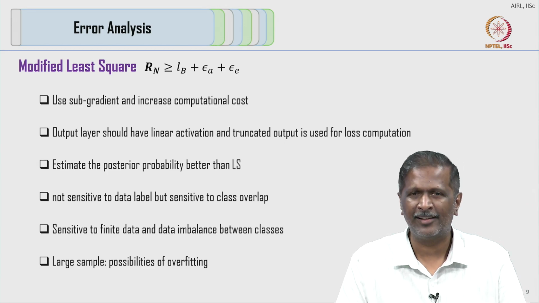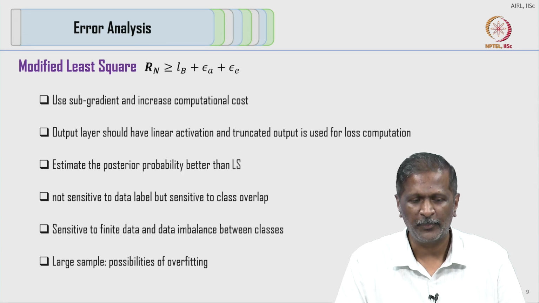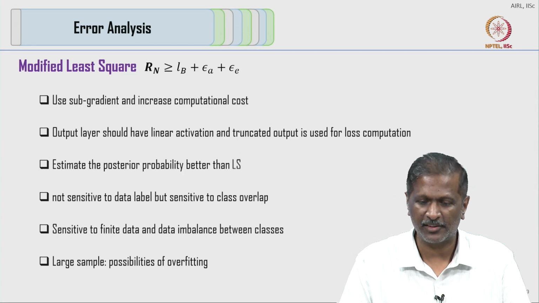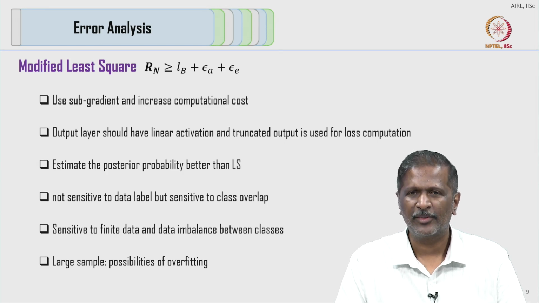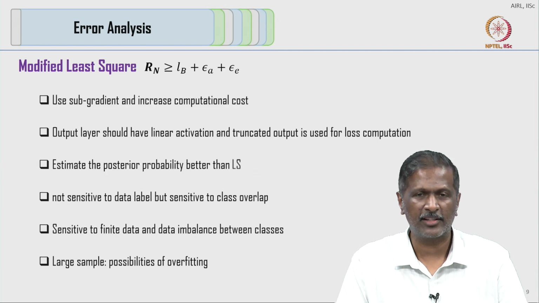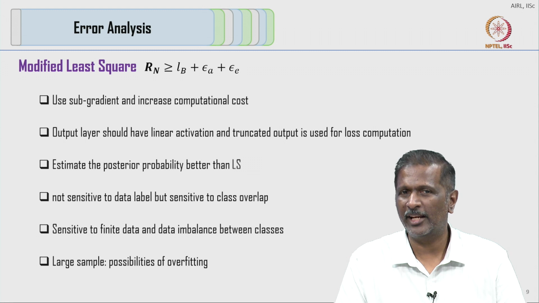If you put a sigmoidal activation function, you can never get more than 1. If you put a linear activation function, you have to use a truncated output for the loss computation, or the posterior computation. It estimates the posterior better.